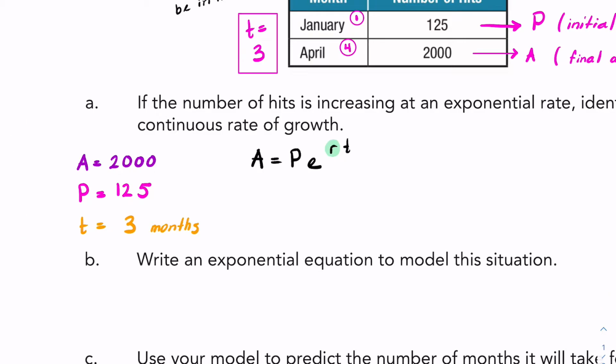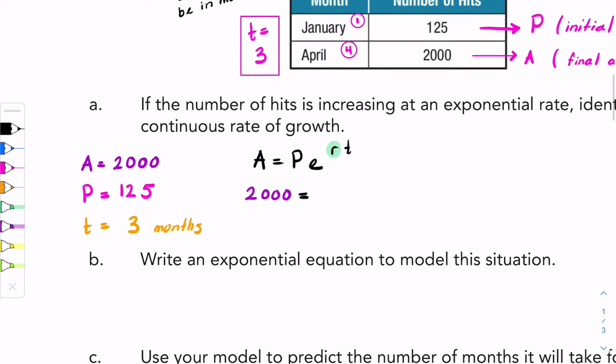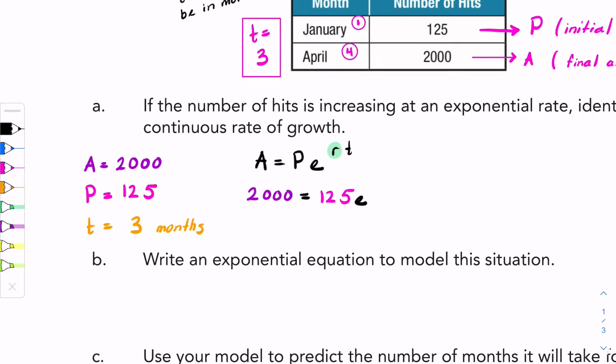We're going to substitute in our A value of 2,000. This is equal to 125 multiplied by E raised to the power of R, which we do not know, multiplied by T, which is 3. And we're going to have to use what we know in order to solve for R. Using what we know is going to include using logs or natural logs.